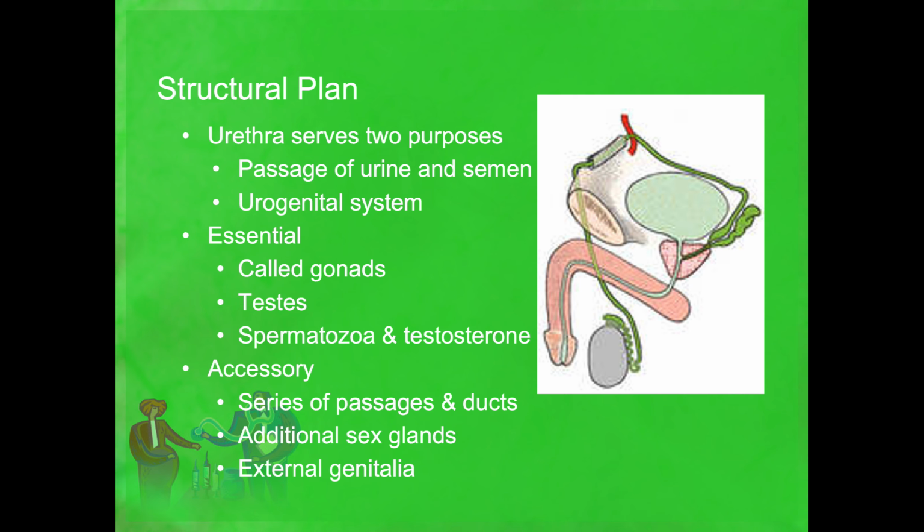Okay, so now essential organs, ladies and gents, are needed for reproduction. They are the hallmark of the reproductive system, also called gonads. For gentlemen, that is going to be the testes. That's the main thing that is responsible for the propagation of our species. So, like I said, the testes house the gonad themselves, and within the testes, that's where the male is going to make testosterone as a hormone.